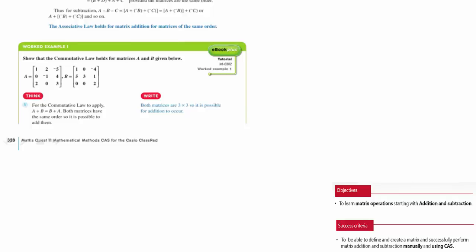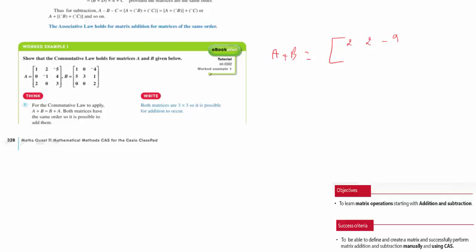Okay, can we do it here? A plus B equals. So let's add them. 1 plus 1 is 2. Okay, let's go row by row. 2 plus 0 is 2. Minus 5 plus minus 4 is minus 9.